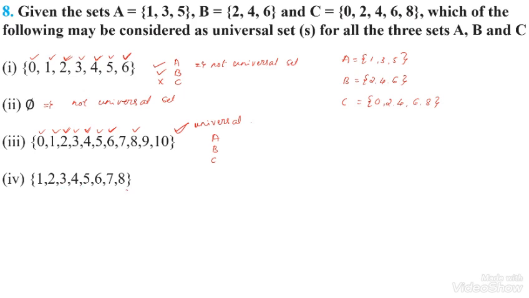Here there is one last option, and for this one also I can check. 1, 3, 5: yes, it is there. 2, 4, 6: yes, it is there. Here 0 is not present in that set. That's why it is not a universal set. So set 3 is considered as the universal set.